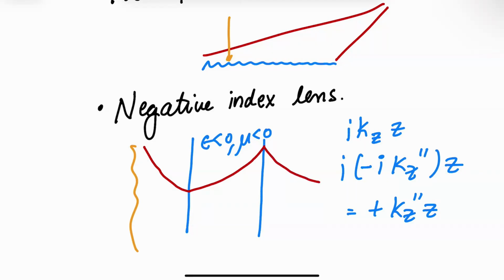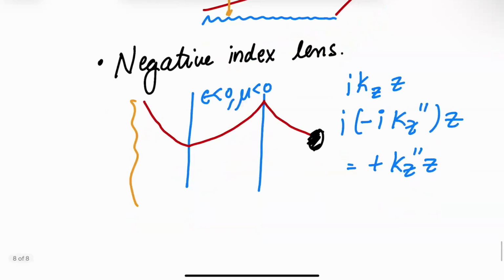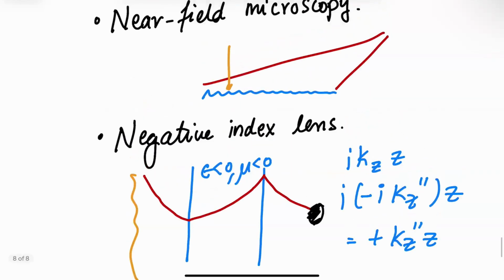So that essentially allows you to measure these fields out here because they've grown quite a bit and they're not below the SNR or the noise figure of your receiver. So you can still receive it and measure these waves. That's the idea behind the negative index lens. Making the negative index lens is the hard part. But if you do have something like that, then you can do this kind of measurement.